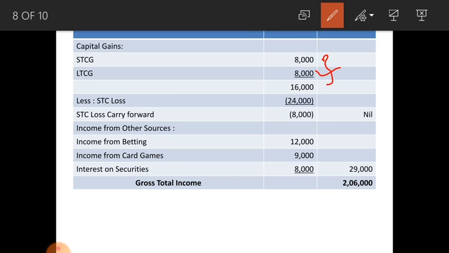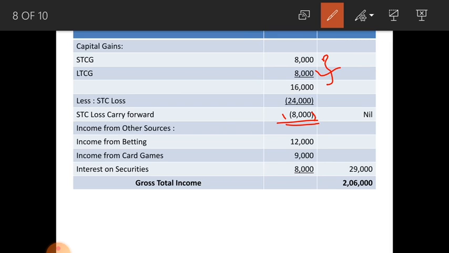When you deduct this one from a 16,000, you get negative balance of 8,000. That means there is a short term capital loss of 8,000 in that year, and you cannot set off this 8,000 short term capital loss against any other income in this year. That is why this short term capital loss should be carry forwarded to next year, and short term capital loss can be carry forwarded to next 8 assessment years.